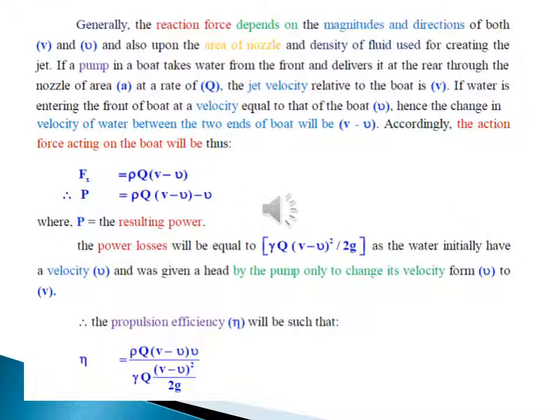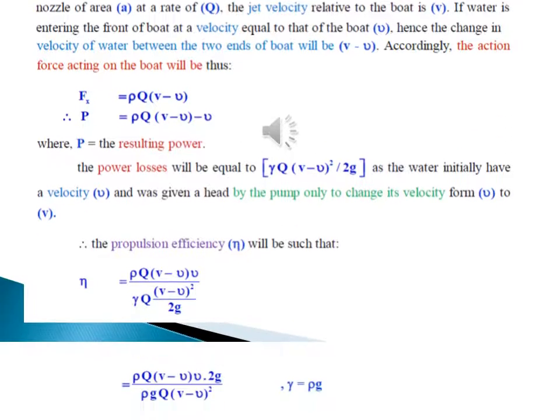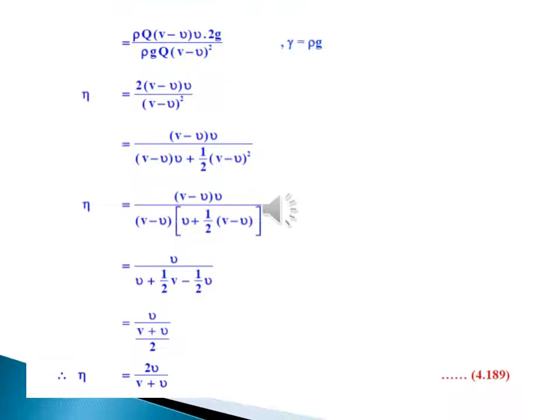Generally, the reaction force depends on the magnitude and direction of both V and epsilon, and also upon the area of the nozzle and the density of the fluid used for creating the jet. Follow, my dear, it is your easy example of a working pump. Follow up the mathematical calculation of the efficiency eta.